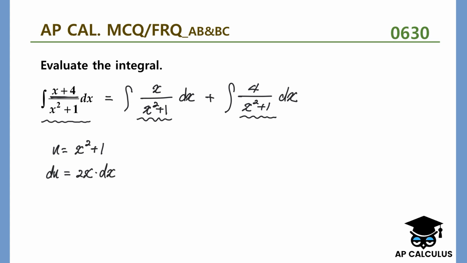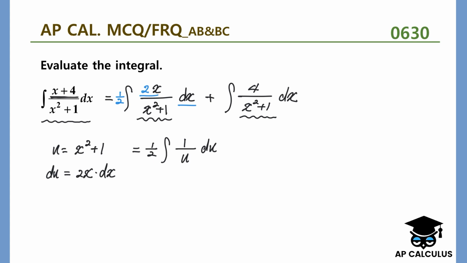So we're going to multiply by 2 here so that we'll have a 2x dx, which is equal to du, and divided by 2, right? So let's rewrite this indefinite integral. 1/2 times integral. Here, denominator is u, 2x dx. Here, 2x dx. That's du, right? So 1 times du. So far, so good?